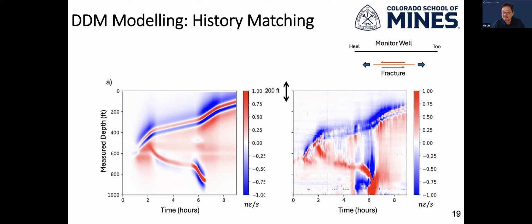So I just implement this velocity, and you see that it creates a strain measurement pattern very, very similar to my observation. This indicates that my model, or at least my conceptual model, seems to be correct at this point. But the question is, what is this shear plane that is parallel to my monitor well, right?